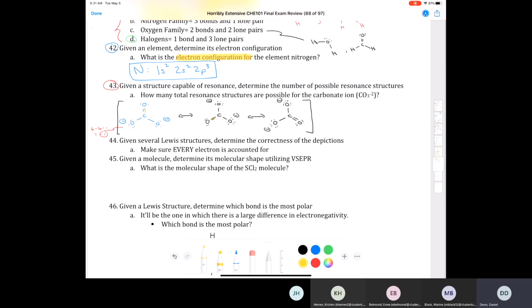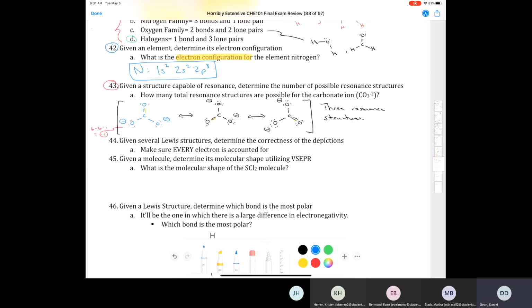They are delocalized. I shouldn't say they're moving, because they're not vibrating between the bonds, but actually they're shared between all of those carbon and oxygens. And so there's a total of 3 possible resonance structures. So we'll put here three resonance structures for the carbonate ion.